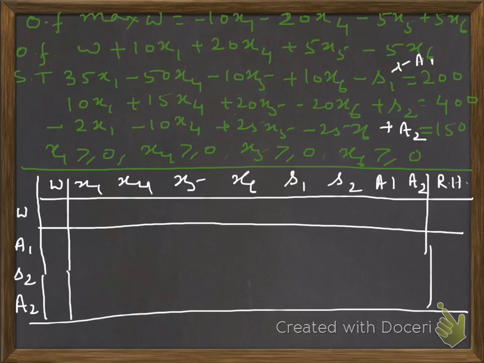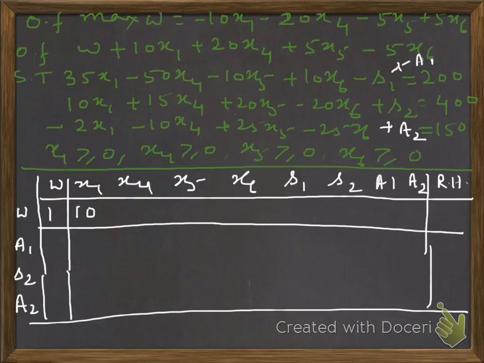First of all, let us write all the coefficients here in this table. For filling the W line, just look at the objective function. The coefficient of W here is 1, the coefficient of x1 in the W line is 10, so we write here 10.